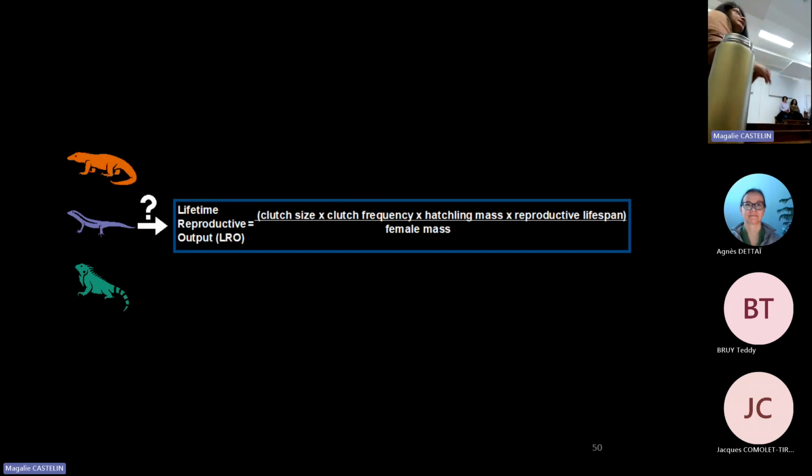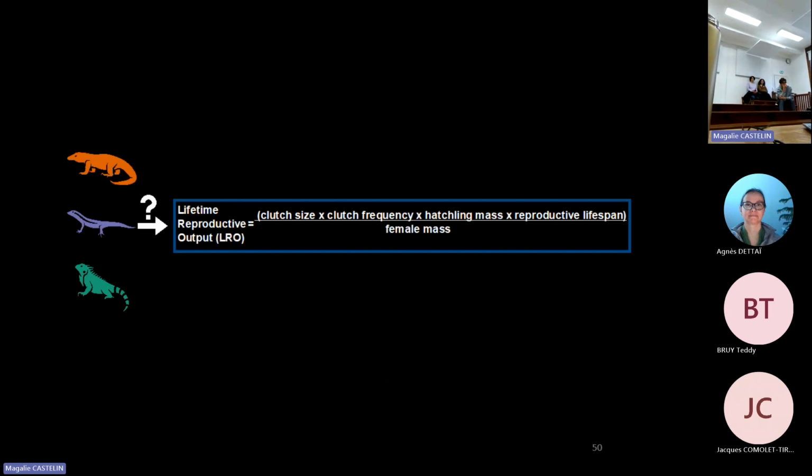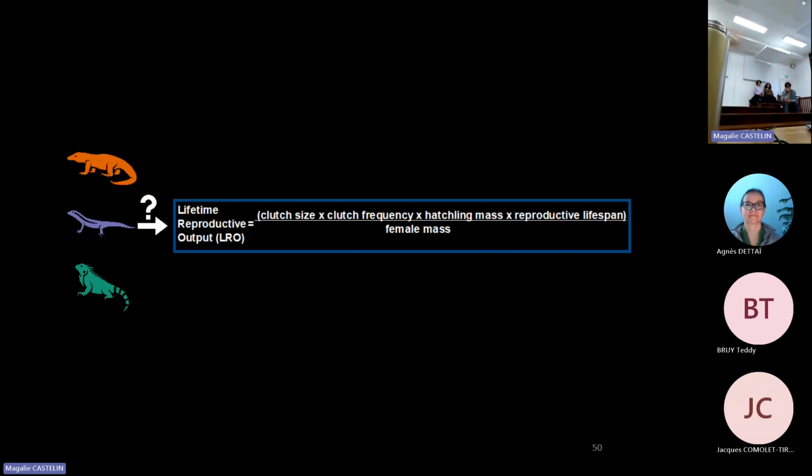So we calculated one measure of this, which is lifetime reproductive output. Okay? So this is how many babies, how often, how big are those babies, and for how long have you produced them, divided by your female mass. So it's per gram female, what is your reproductive output? It's a matter of fitness.